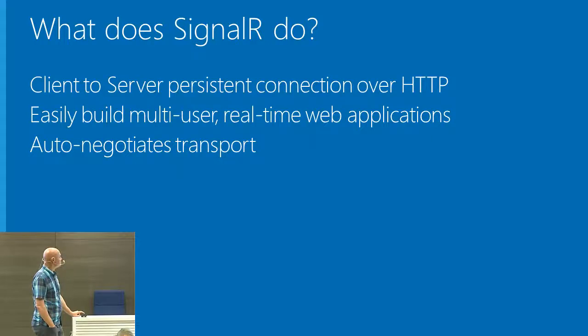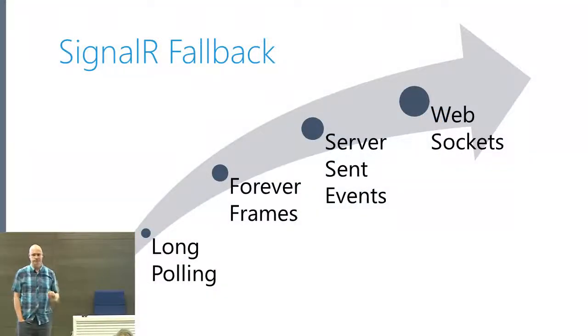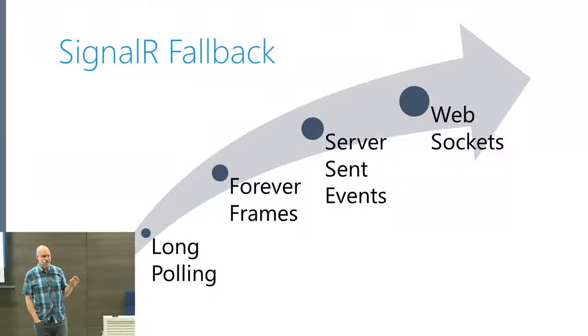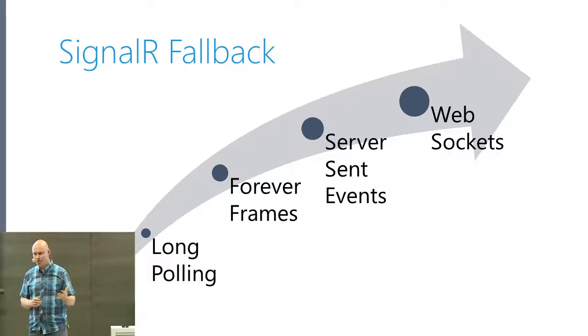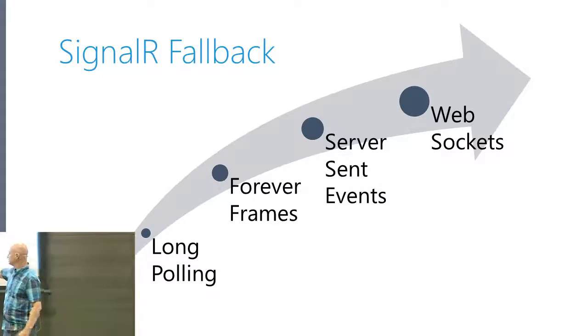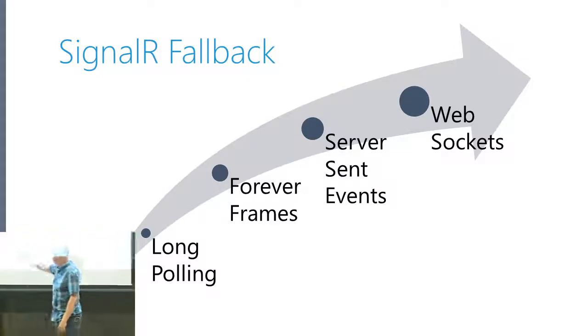This last thing on the list here, auto-negotiating transport, is a big deal. The thing that SignalR specifically does for us is that it allows us to take advantage of real-time communication using the best kind of transport available.